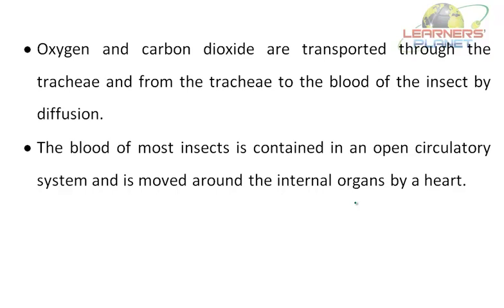So basically, in cockroaches, air enters the respiratory system through a series of external openings called spiracles. And these external openings, which act as muscular valves, lead to an internal respiratory system and a densely networked array of tubes called trachea.